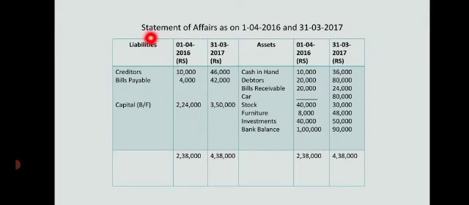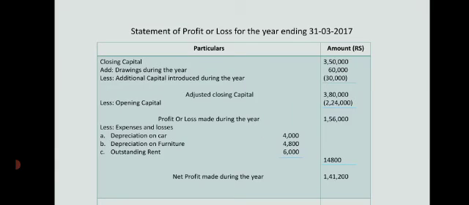Here, to save time, you can prepare a combined statement of affairs as on 1/4/2016 and 31st March 2017 to calculate opening capital and closing capital. Then you prepare the statement of profit or loss to find out profit or loss.